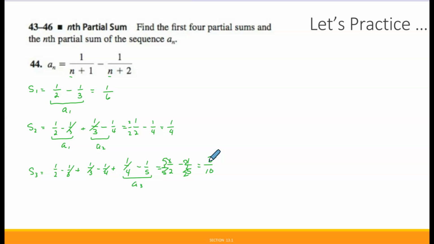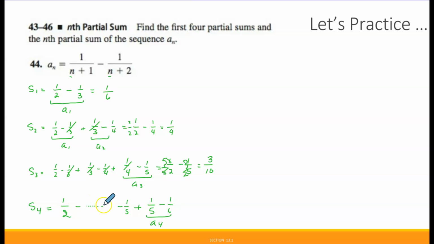Okay, so we have one more partial sum. That's going to be S4. For S4, we have 1/2 minus 1/3, and all we're going to do is add in A4. If n is equal to 4, 4 plus 1 is 5, so we've got 1/5 here. 4 plus 2 would be 6, so I'd have a minus 1/6 here.